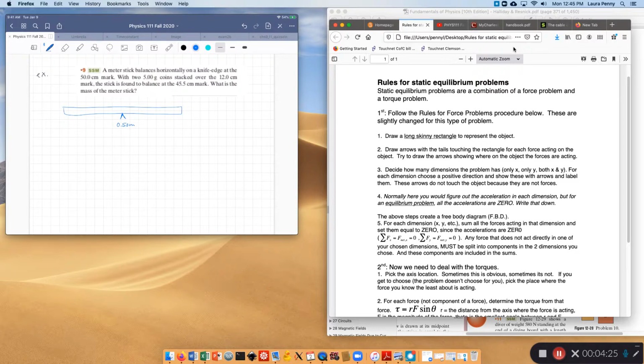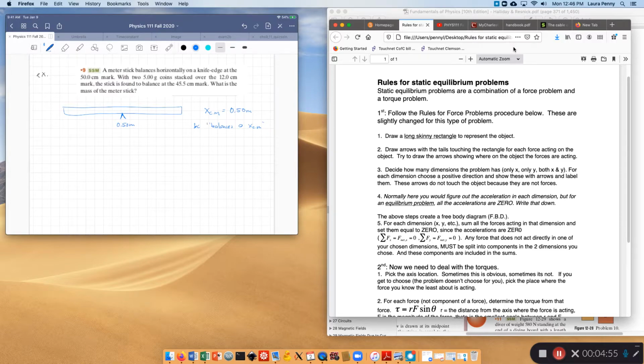That tells me that the center of mass of the meter stick on its own is at that location. Otherwise, it wouldn't balance. So that's what this first sentence is trying to tell me.